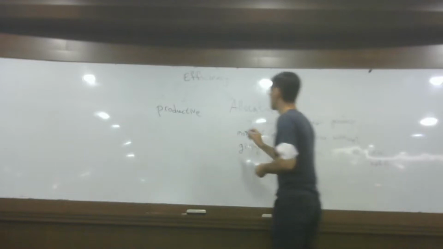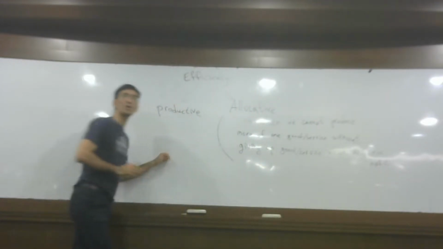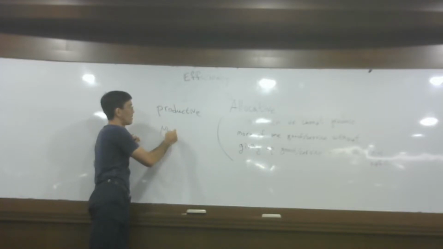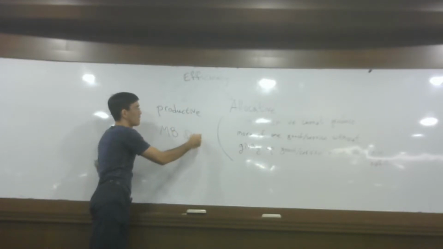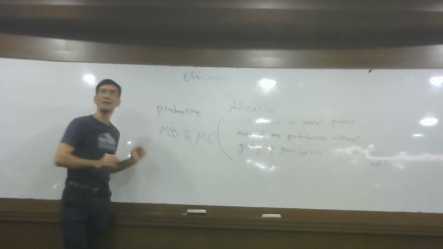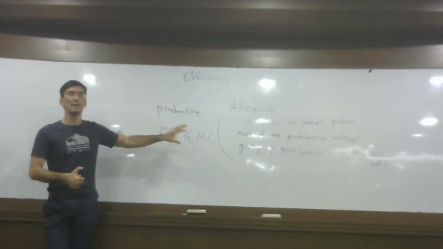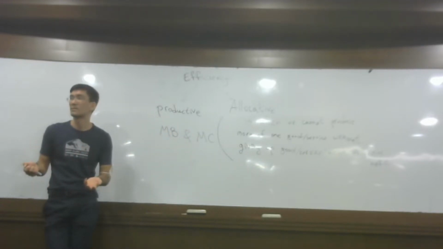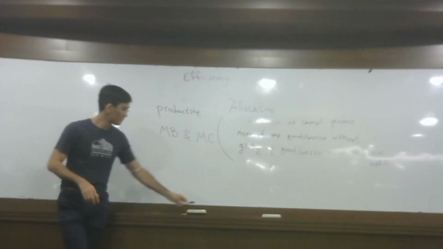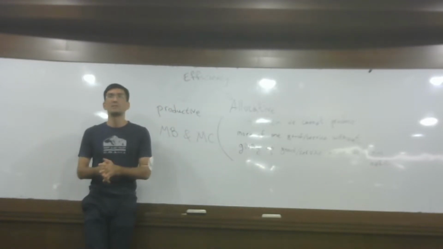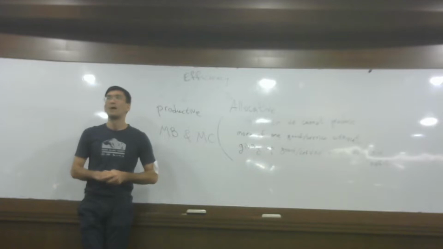So how we are going to compare which activity is more valuable is we're going to look at marginal benefits and marginal costs, okay? And actually we don't have to look at the marginal benefits and marginal costs of each activity, because let's say, for example, I only have 2 activities, exam and emails.